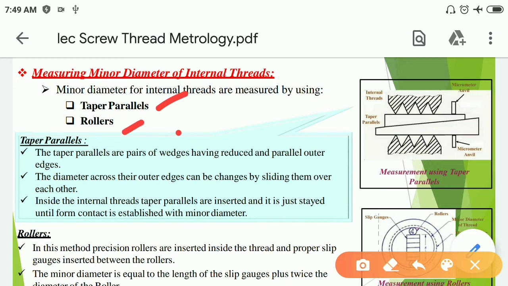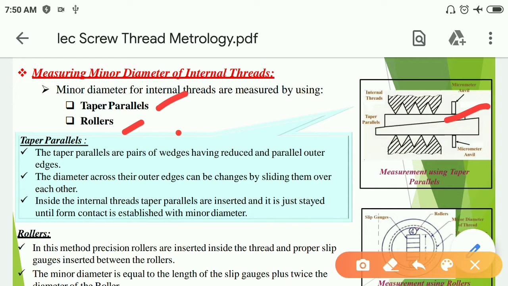The taper parallels are pairs of wedges having reduced and parallel outer edges. The diameter across their outer edges can be changed by sliding them over each other. Here two pairs are shown which can be slid one upon the other.